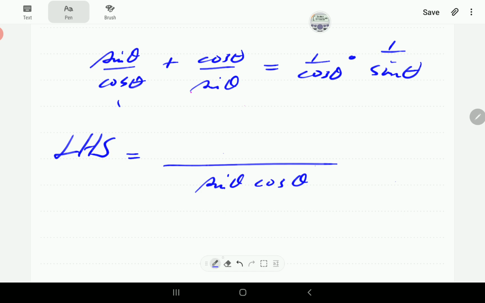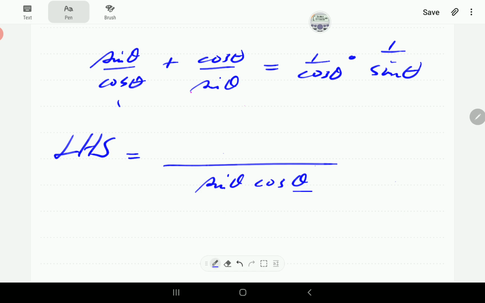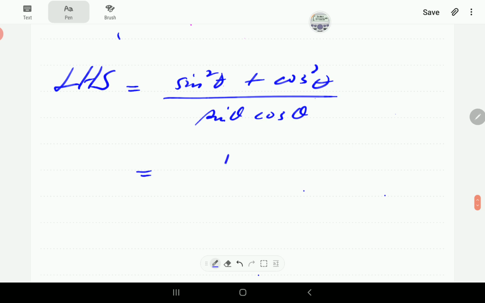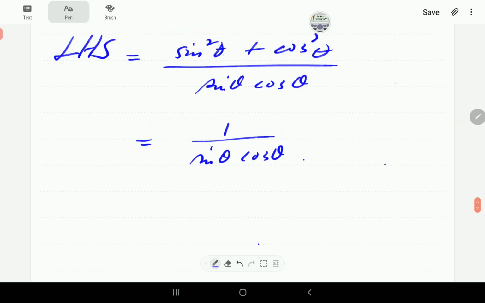Now cosine goes here, sine times, then sine times sine is sine squared, and then sine goes here, cosine times cosine squared. Then again the numerator is just 1, over sine theta cosine theta, but if you look at this, it's already the same as the right hand side there, so that means the proof is complete.